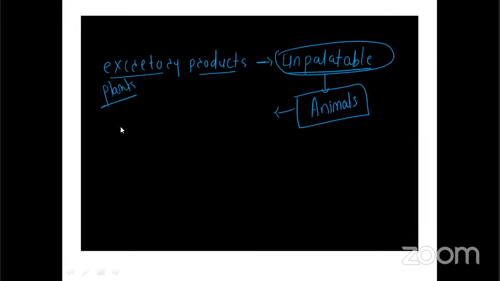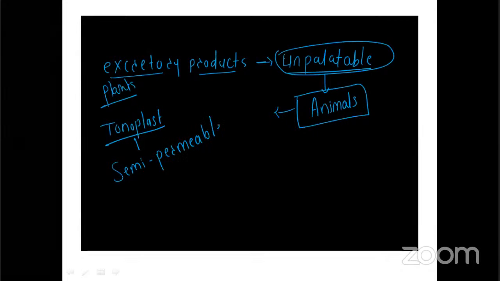Tonoplast is semi-permeable. As we have discussed, tonoplast is semi-permeable. Meaning of semi-permeable is selectively permeable. Selectively permeable, it means this tonoplast allows only certain molecules to pass into the cell sap.